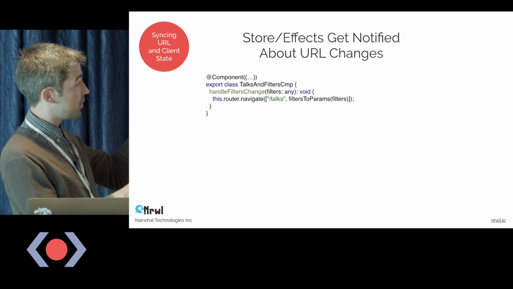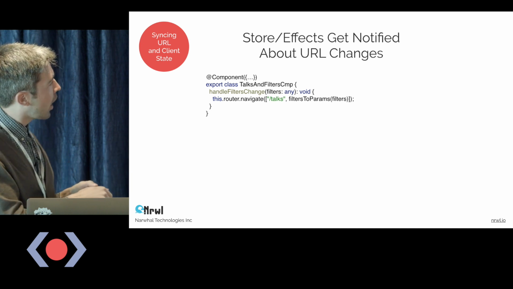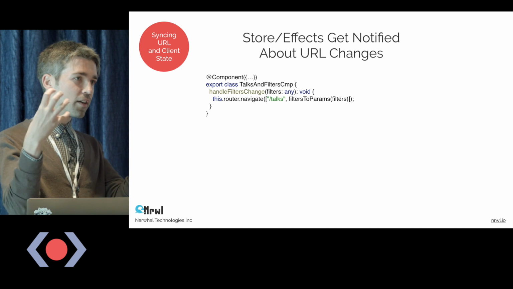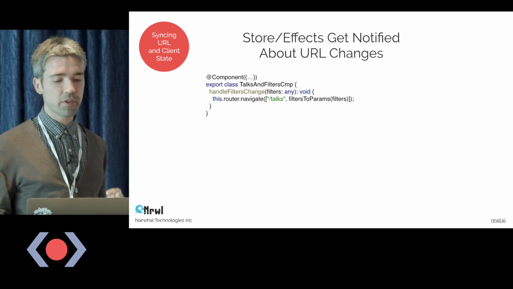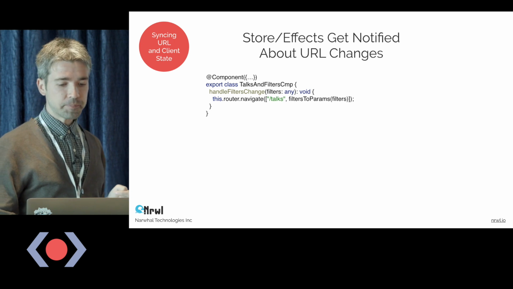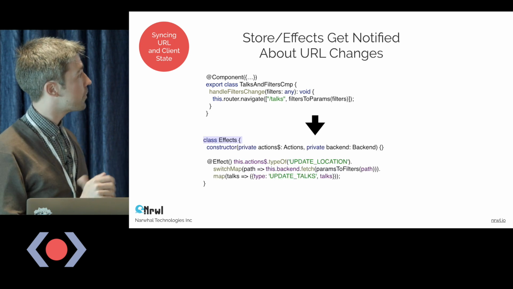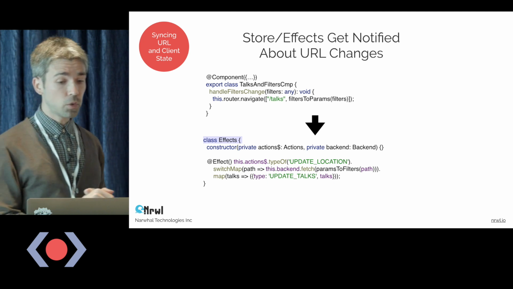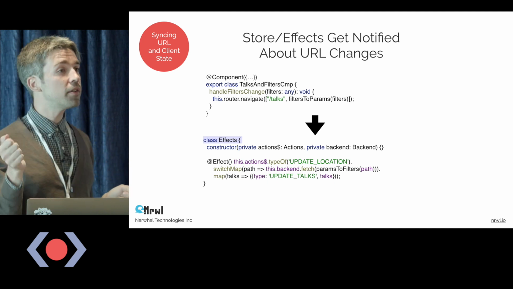So we have this same component, just remove the constructor. And here I'm calling navigate. Because NGRX and the router are integrated with each other, when I call navigate, or when I update the location in any other way, the router is going to dispatch an update location action. So we are going to have an effects class that's going to listen to that action.